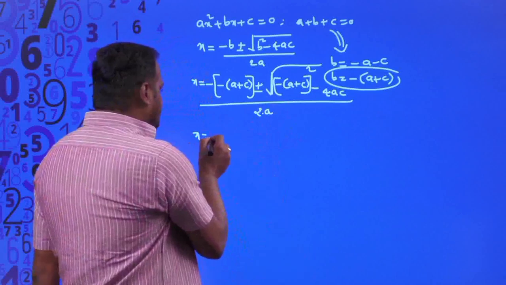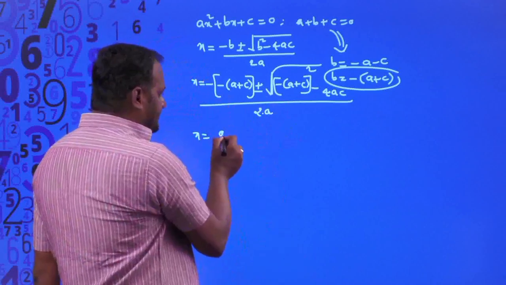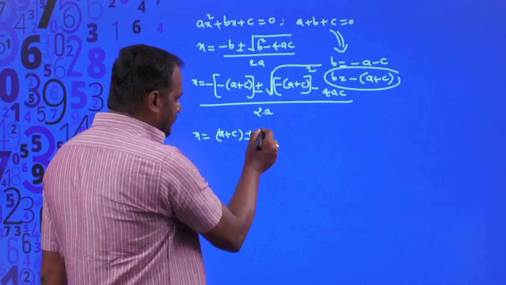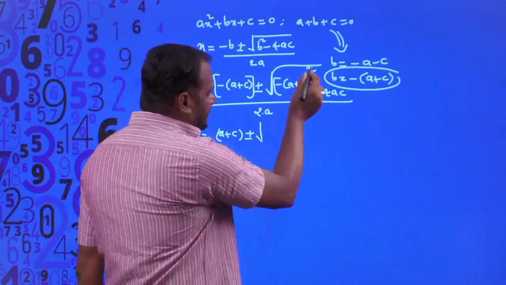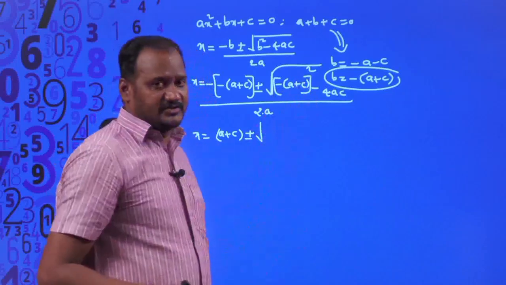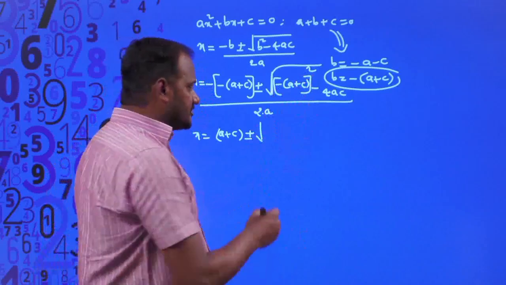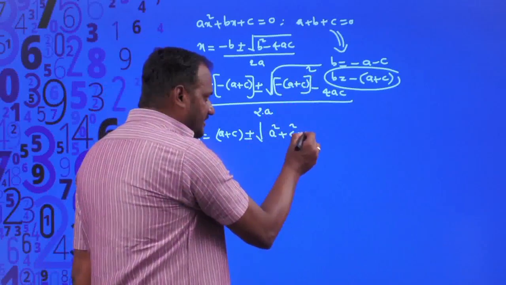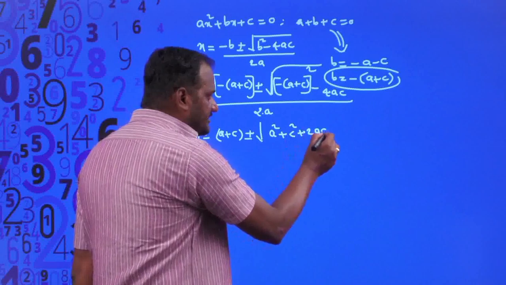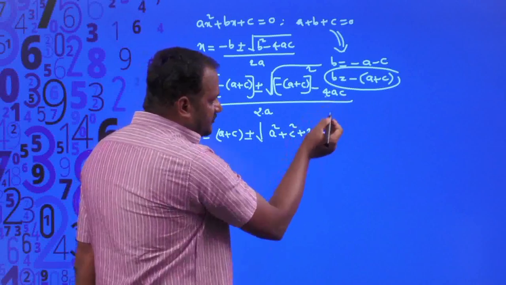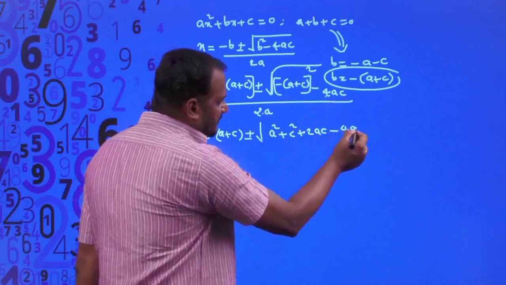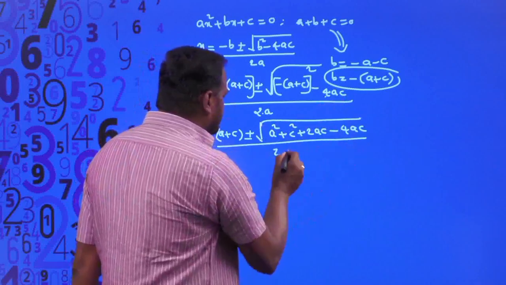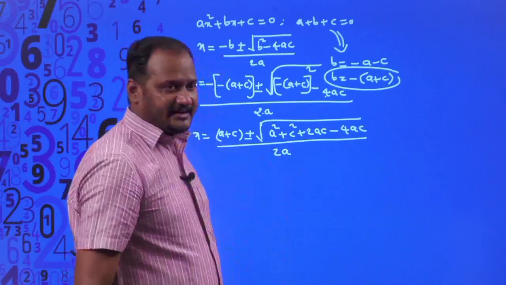X is equal to minus of minus is plus, that is a plus c plus or minus square root, minus square is plus, a plus c whole square. What is the formula for a plus c whole square? a square plus c square plus 2ac, and left with one more, minus 4ac, whole divided by 2 into a is equal to 2a, correct.